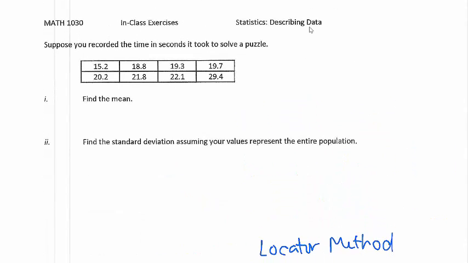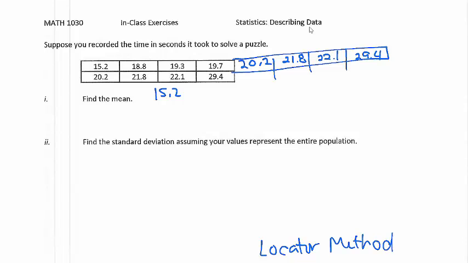Okay, if I were to put these in order, 15.2, well, I got the first 4, so 20.2, 21.8, 22.1, 29.4, okay? So this is number 1, 2, 3, 4, 5, 6, 7, 8, okay? Would you agree that this is n equals 2?